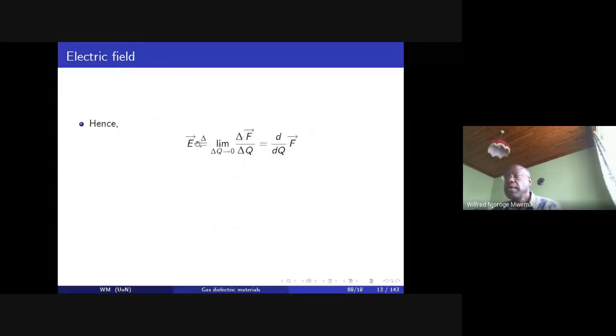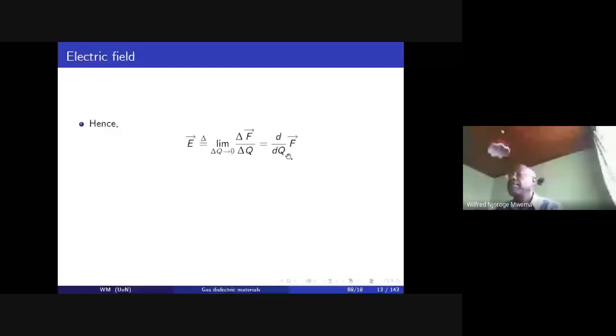So hence, E, that is the electric field intensity, will be defined as the limit as delta Q, the test charge, is made to go to 0, of the ratio of delta F, the force F, to delta Q.